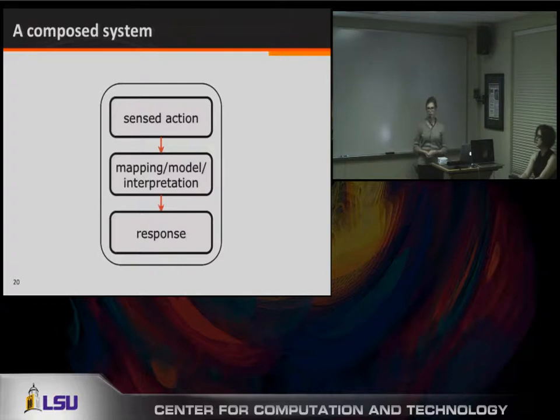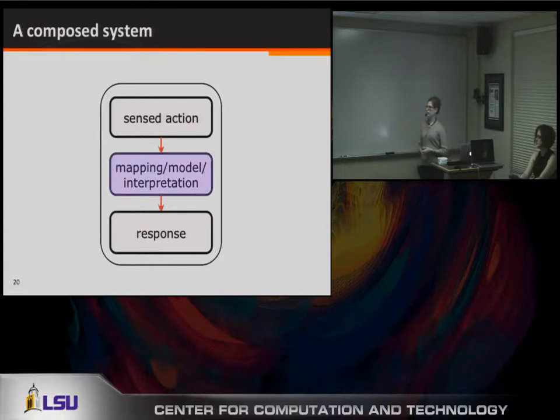So in any case, composers and instrument designers making music, it doesn't involve just writing notes on a page. It doesn't involve just thinking about what sounds happen over time. It involves the design of this entire system, from what actions are going to be sensed, how they're going to be interpreted, and how the computer is going to respond.